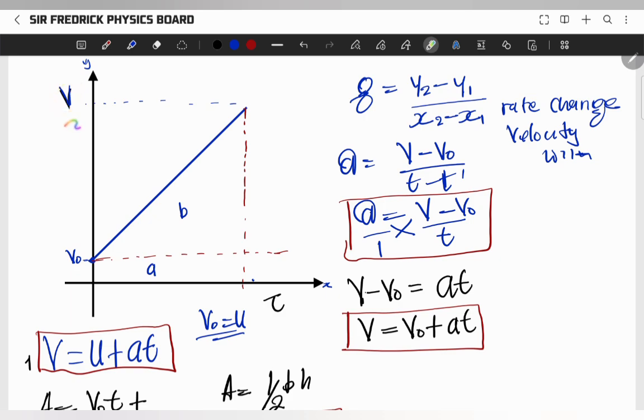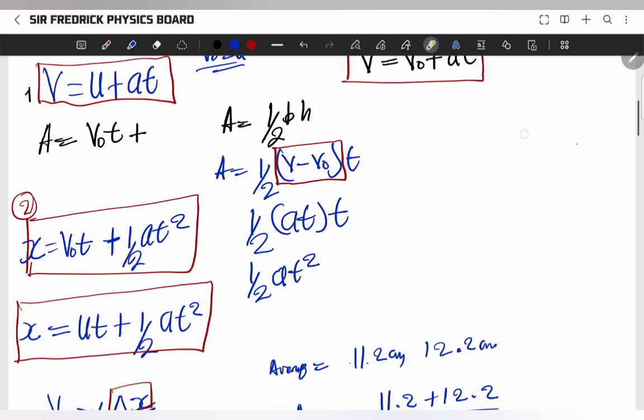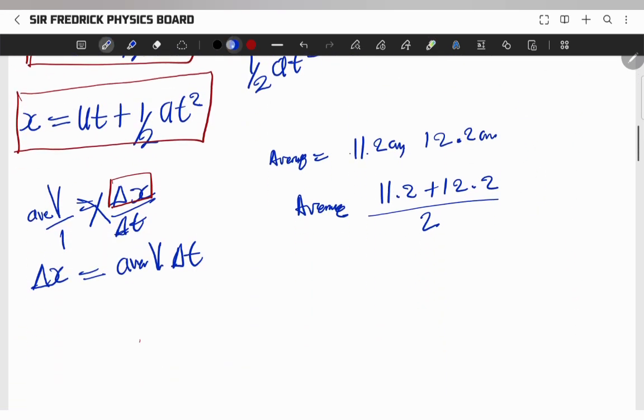So for us to find the average of these velocities, we are going to add them. So where there is average velocity, we'll say v is equal to v naught plus v over 2.